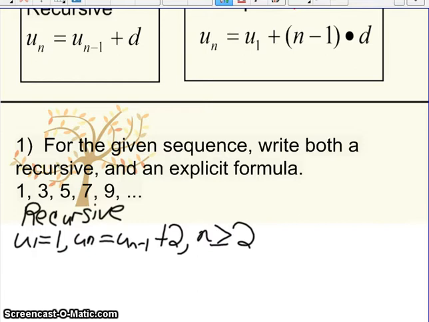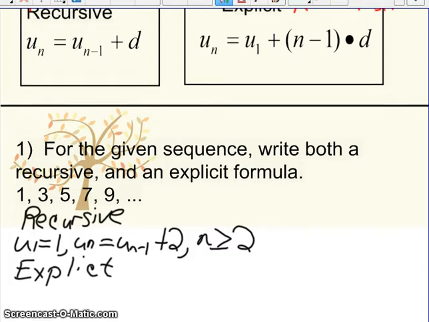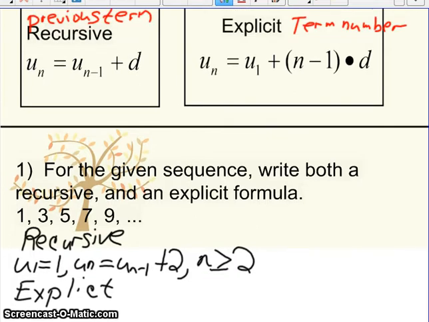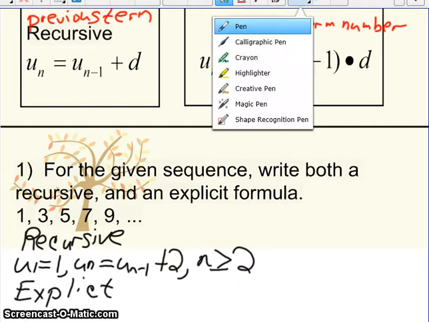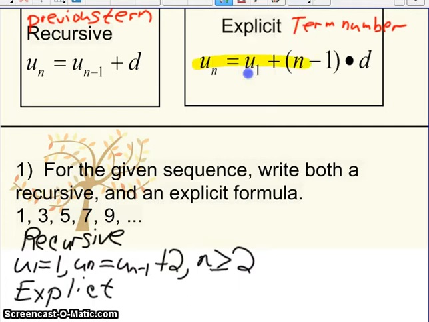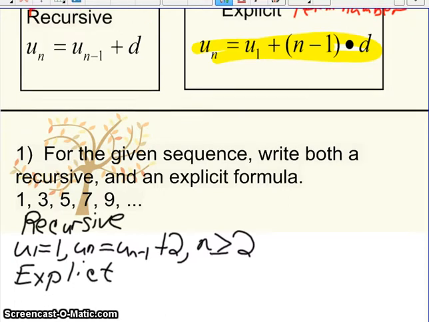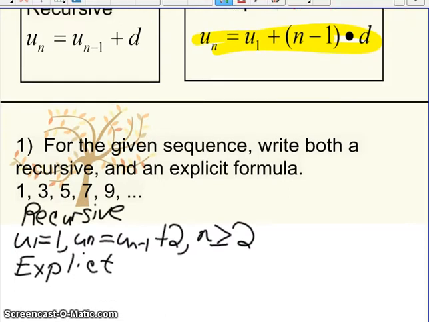Now I'm going to do the explicit. I'm going to use this formula here for the explicit. The common difference is 2. The first term is 1, and I'm just going to plug into that formula.